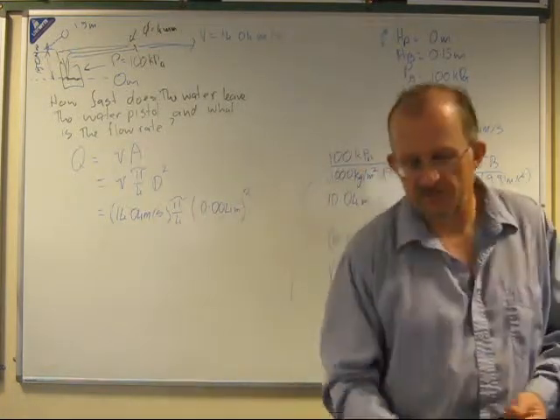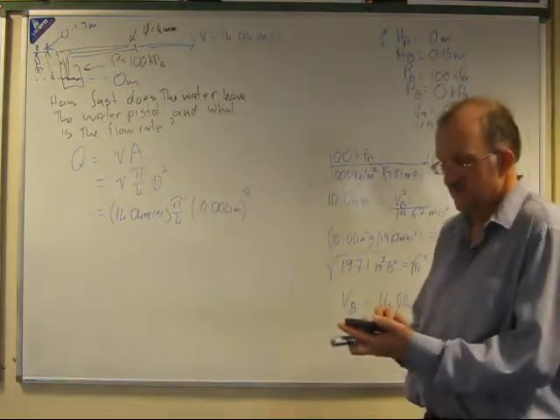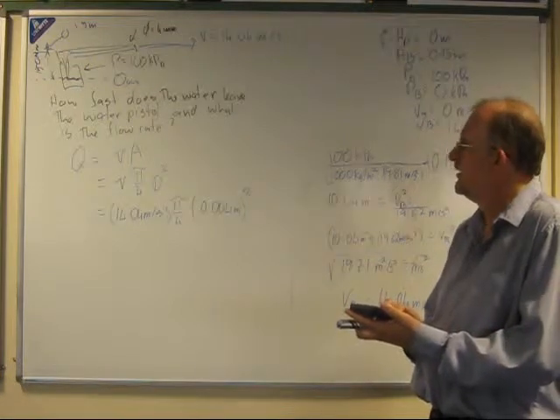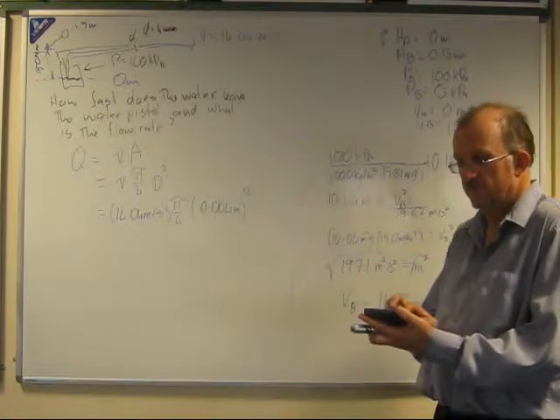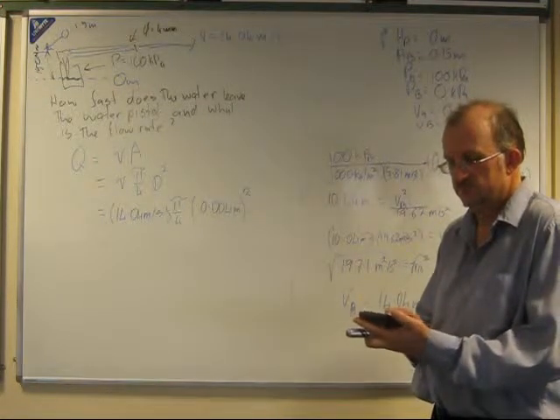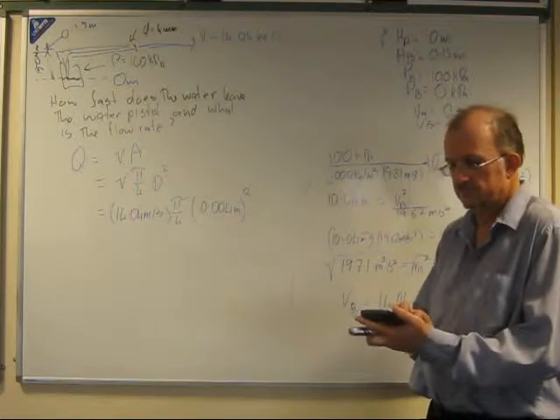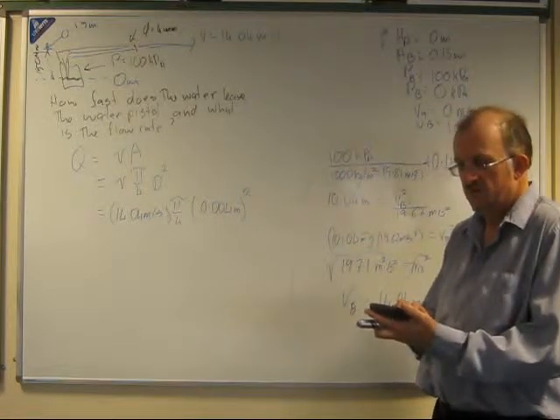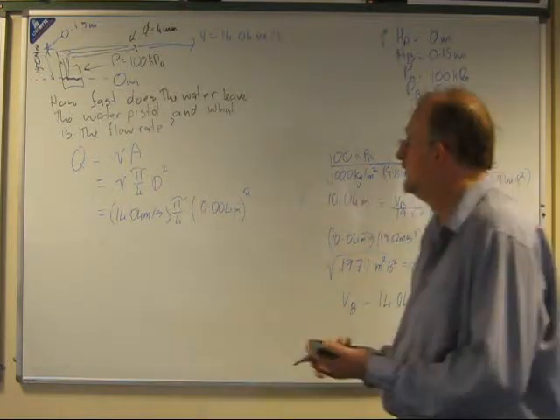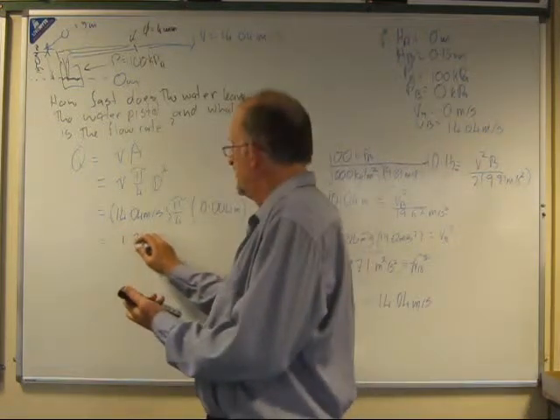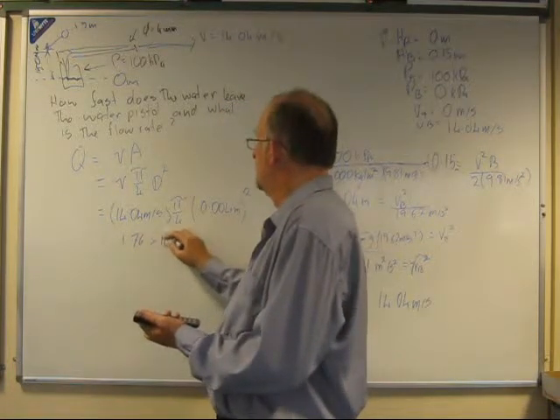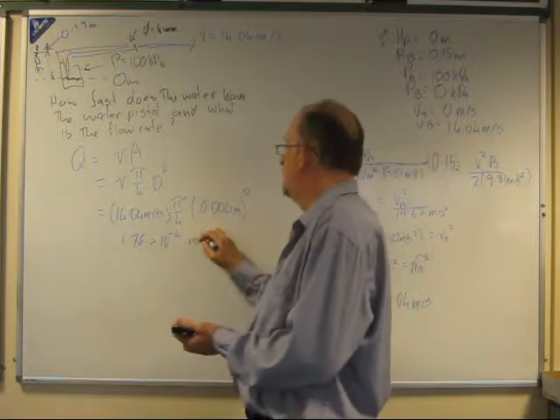Again, use a calculator, that's what they invented them for. 14.04 times pi divided by 4 times 0.004 squared equals 1.76 times 10 to the minus 4 cubic meters per second.